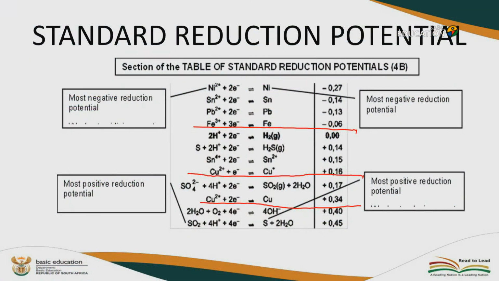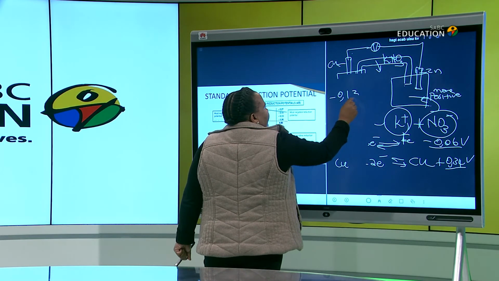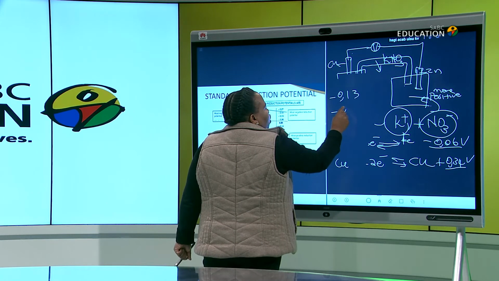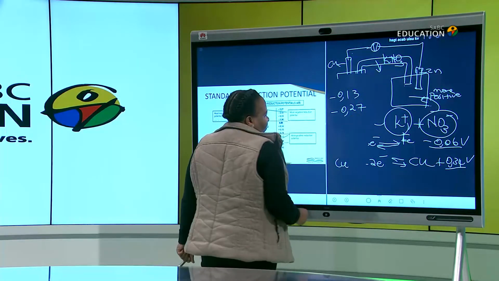for example, negative 0.13, let me just remove this so that we can understand what we mean by more negative. Negative 0.13 compared with negative 0.27.